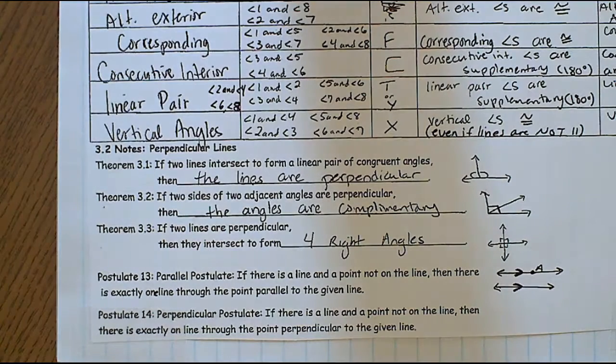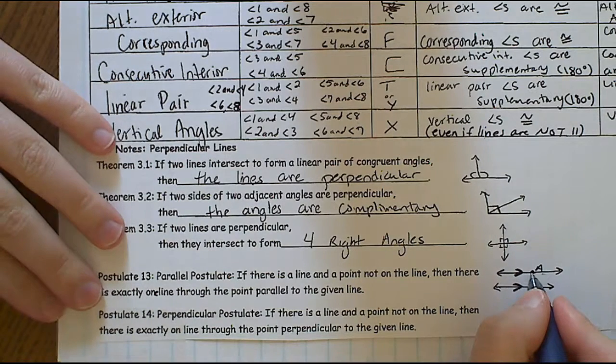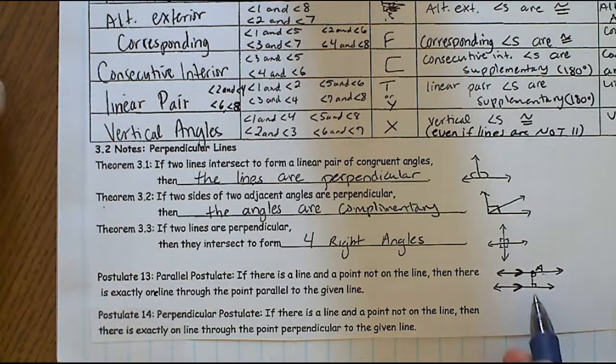The reason is that if I change the orientation of this line by just 1 degree or half a degree or any amount at all, it will eventually cross this other line. One way you can think about that is if those two angles are 90 degrees, there's only one way to create that. If I had any other angle besides 90 right here, then these lines would not be parallel.